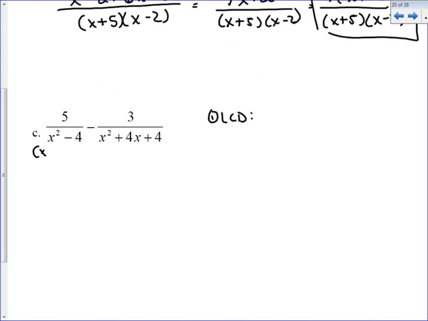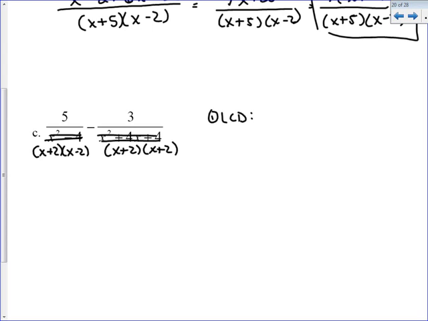So the first denominator factors, difference of two perfect squares, x plus 2, x minus 2. So I'm not going to use the x squared minus 4 anymore. How about x squared plus 4x plus 4? X plus 2, x plus 2. No longer going to use this.